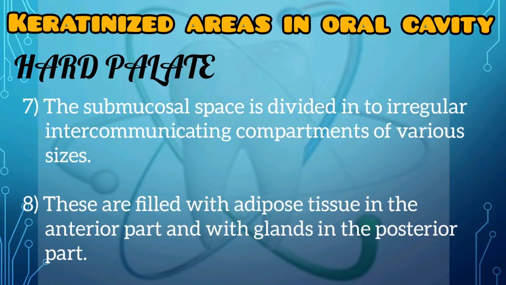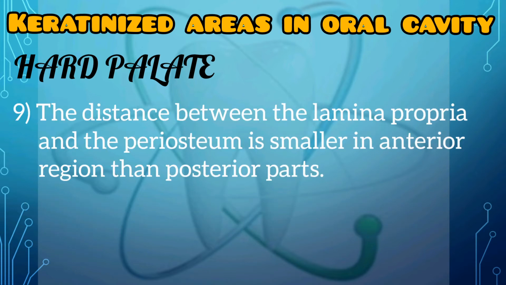The submucosal space is divided into irregular intercommunicating compartments of various sizes. These are filled with adipose tissue in the anterior part and with glands in the posterior part. The distance between the lamina propria and the periosteum is smaller in the anterior region than in the posterior parts.